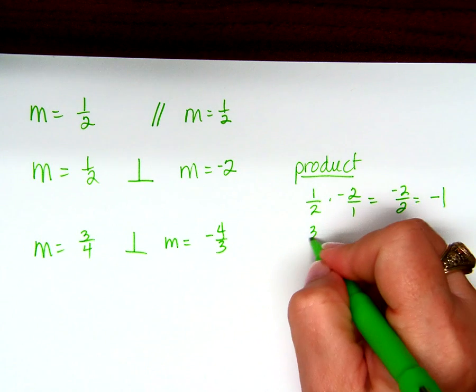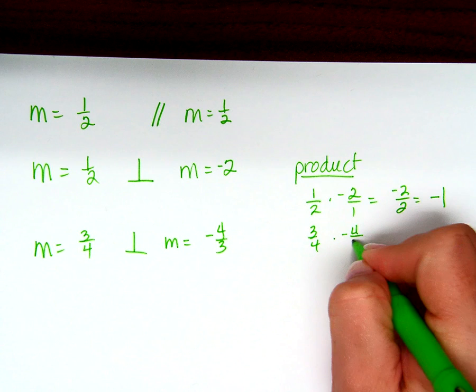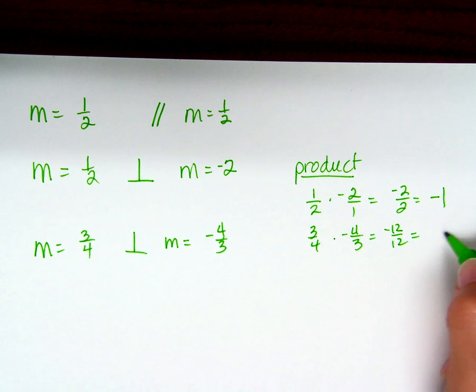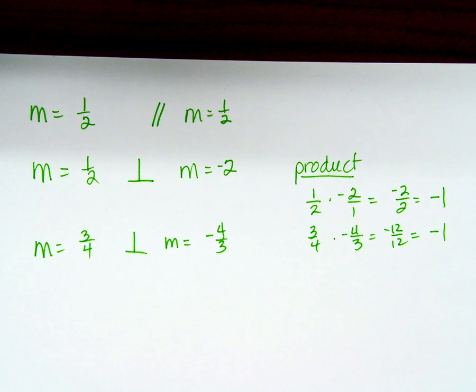The product of 3/4 and -4/3 is what? -1. So what is the product of the slopes of two perpendicular lines? -1.